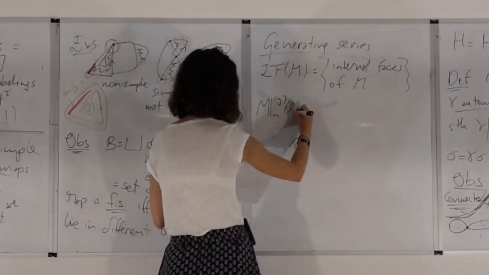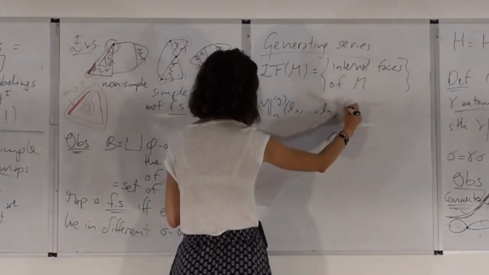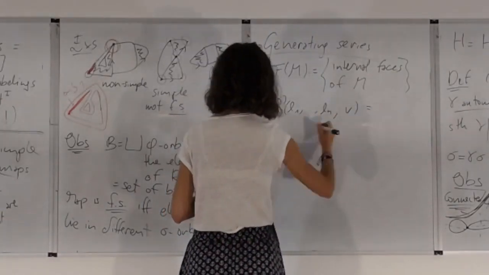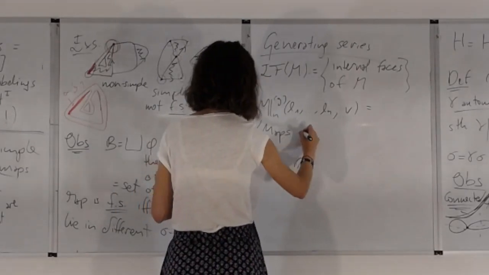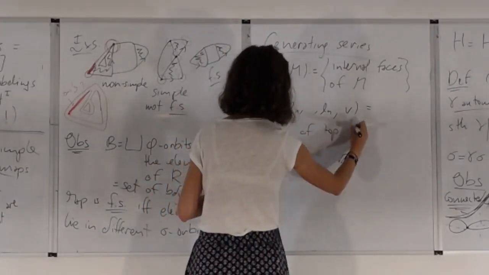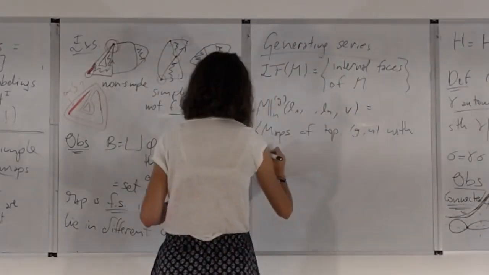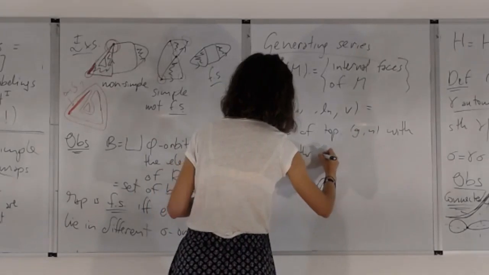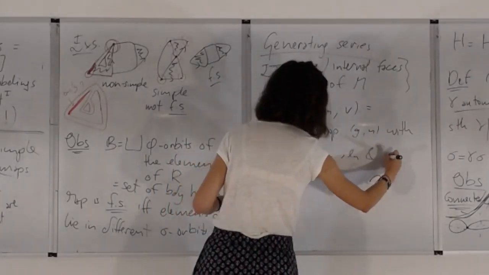We fix the boundary lengths L1 to Ln, and we fix the number of vertices. So, just what I just said, this is maps of topology G, n with boundary lengths L1 to Ln, and V vertices.